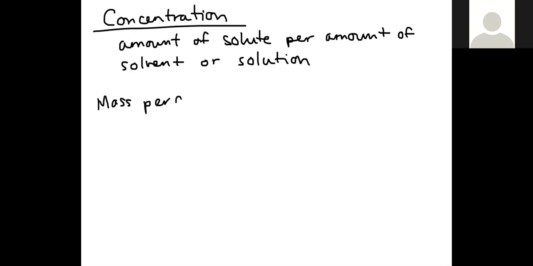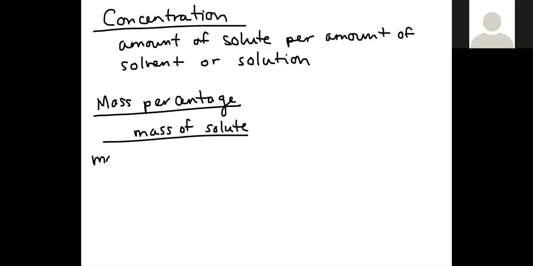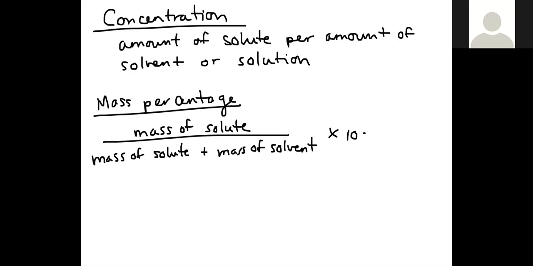One of the units of concentration we use is mass percentage. And mass percentage is the mass of the solute over the mass of the solute plus the mass of the solvent, times 100%. So you're saying out of that entire solution, how much is the solute?